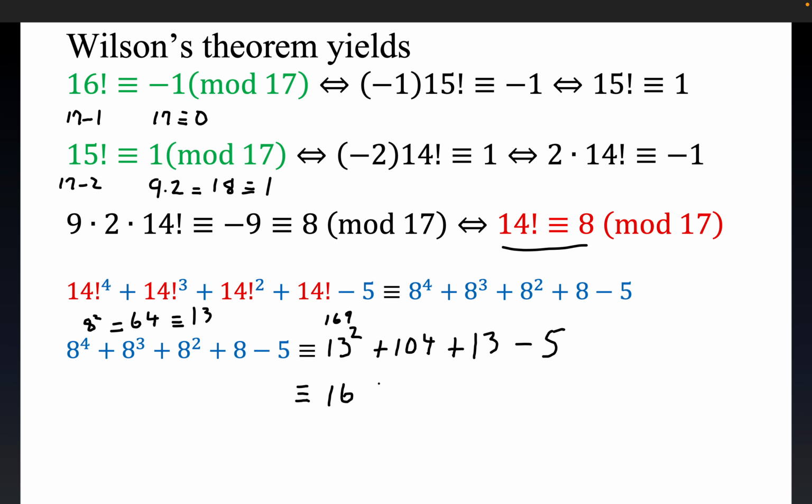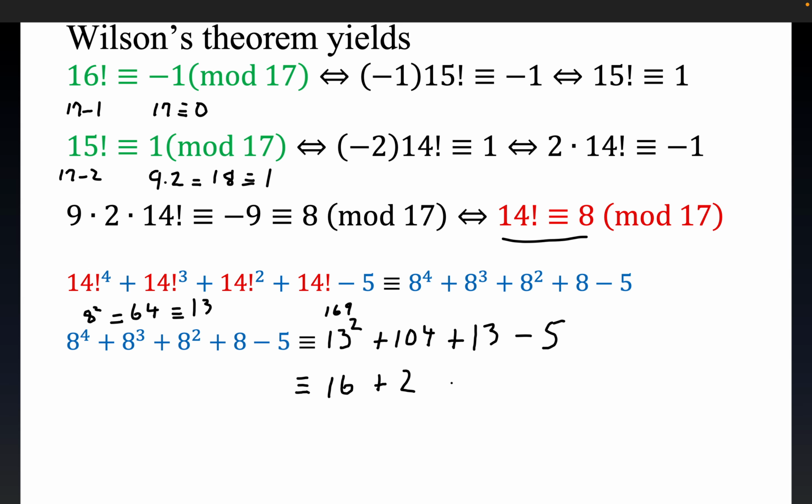Now, what about 104? What happens when you divide 17 into 104? Isn't 6 times 17 102, right? 6 times 17 is 102, so you would have a remainder of 2 right here, right? And then we still have the 13 going on right here. 13 minus 5.